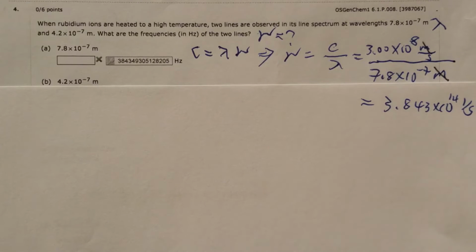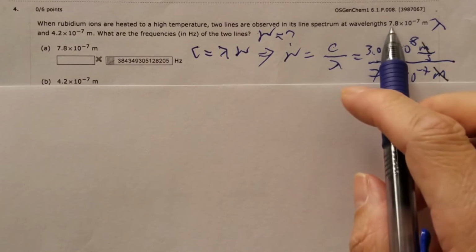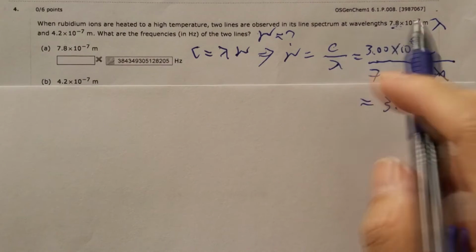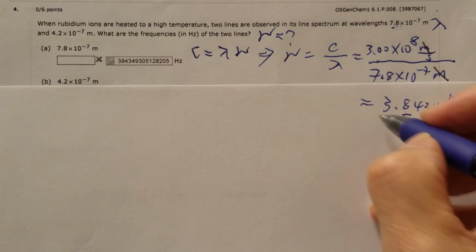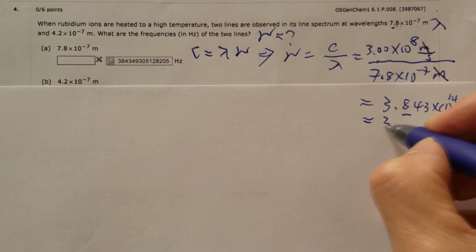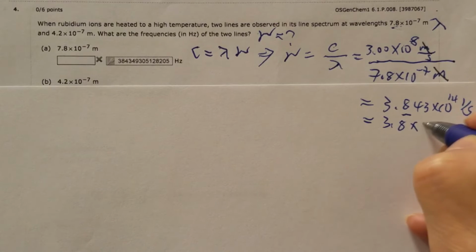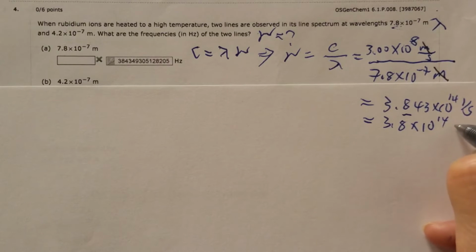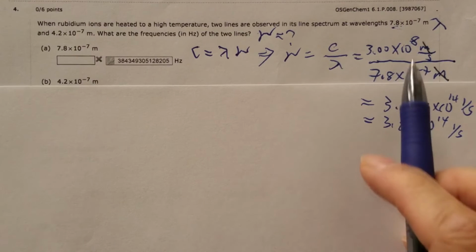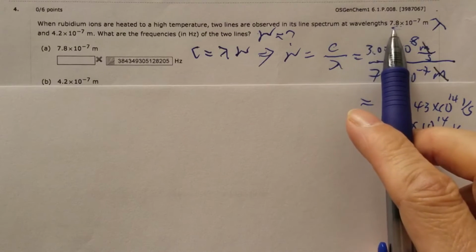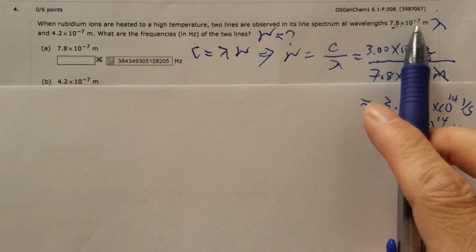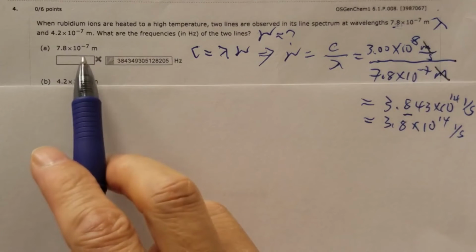And so now let's fix the sig figs. That should be 2 sig figs. Why? Because you can see right here, that's just 2 sig fig. So therefore, if it's 2 sig fig, we do the roundup, then that should give us 3.8 times 10 to the 14th. That's the frequency for the wavelength at 7.8 times 10 to negative 7 meter. So that's basically A.